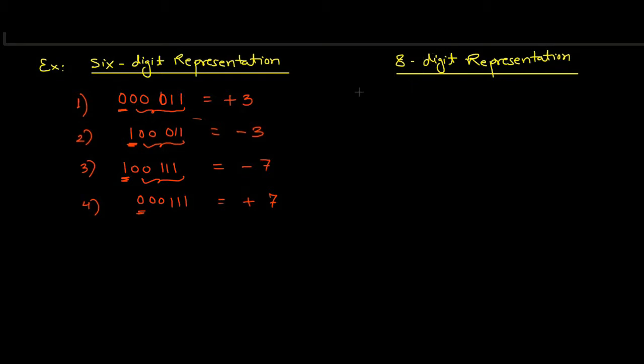In case of 8-digit representation, we can consider 8 bits. Now here the sign bit is 1, means it is negative, and this value is 8, so it is minus 8.